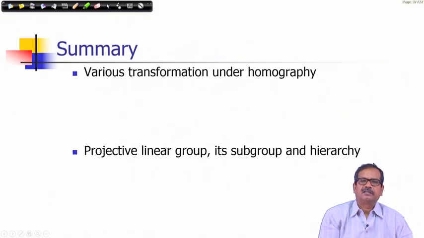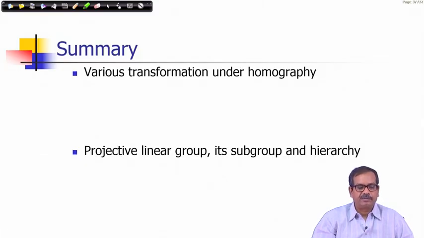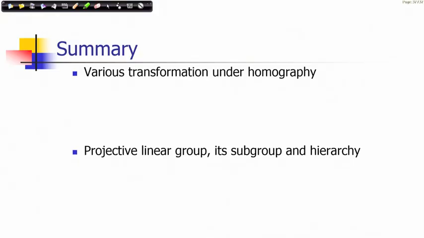So, with this, let me conclude this lecture and this topic with a summary. We have studied various transformations under homography, like how a point is transformed into another point. In the transformed space, they are related by a non-singular 3 cross 3 matrix, which is called the projective transformation.